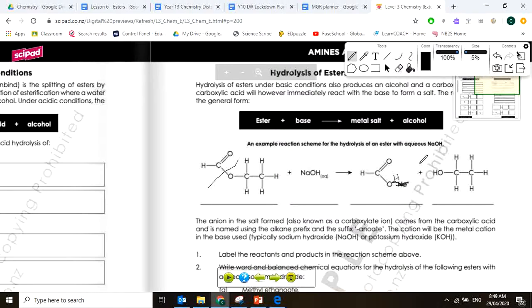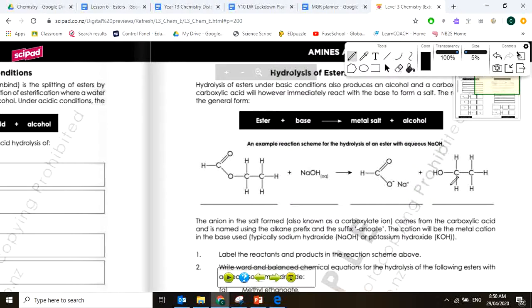Now, this is going to react straight away with the base, and when it reacts with the base, it donates its proton because it's an acid. It donates this H, and the base, it donates the H to the OH. So the H from the acid goes to the OH and forms water, which is a neutralization reaction, and so you get a carboxylate salt, a carboxylate ion.